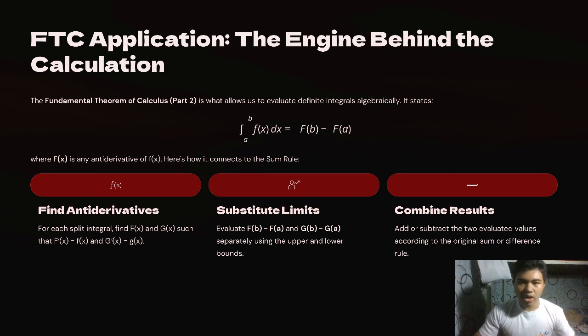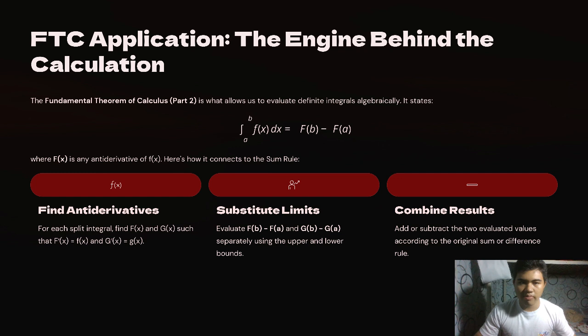We evaluate our antiderivative at the upper limit b to find the total accumulation from the start of the interval. And finally, step three is the difference. We evaluate the function at the lower limit a and subtract that value from our first result.